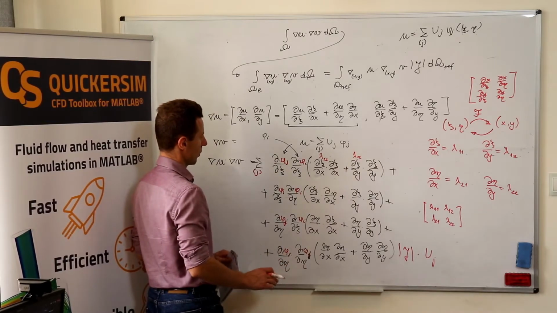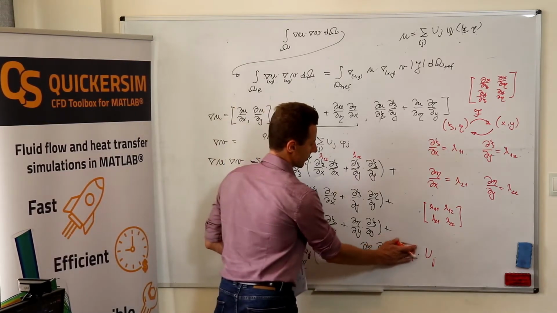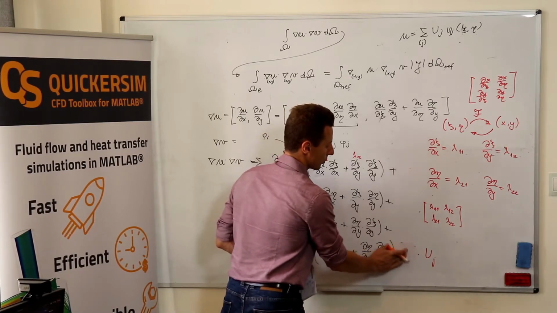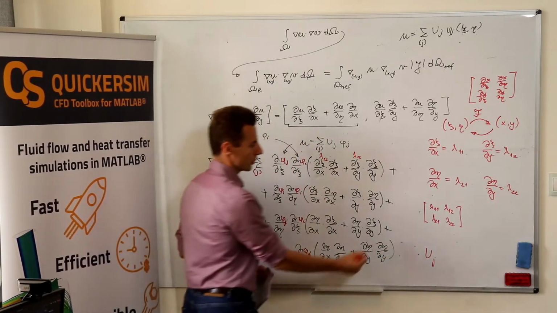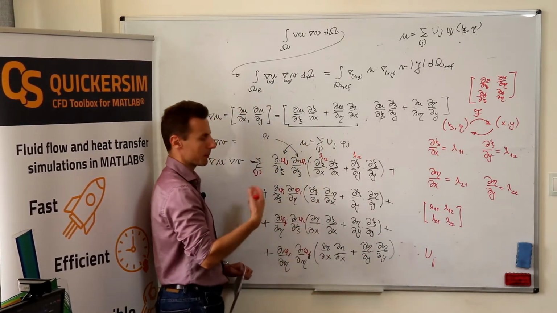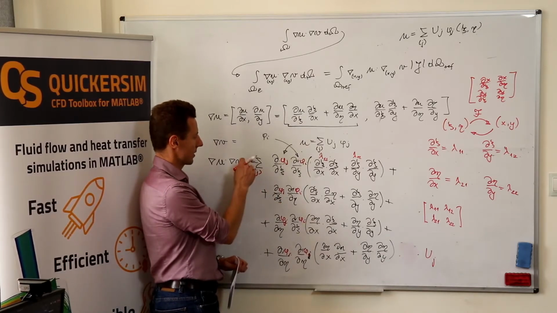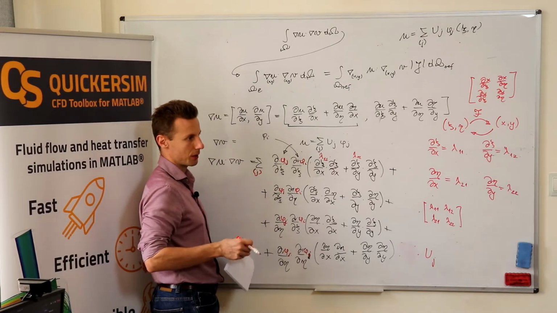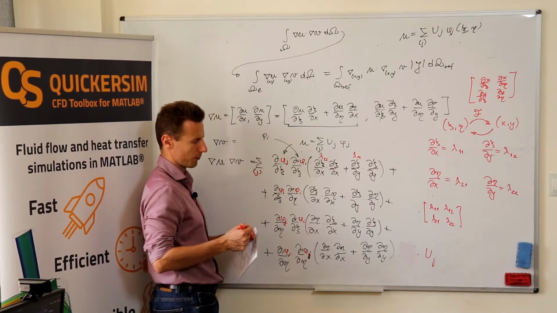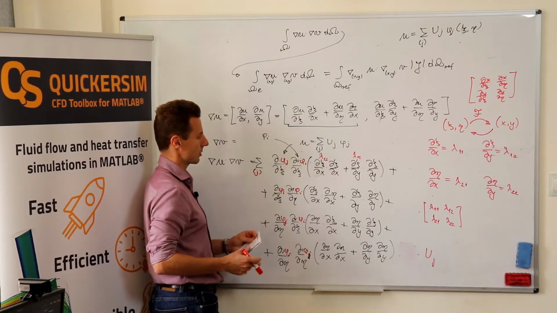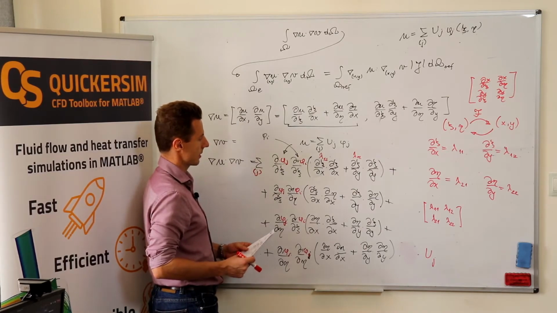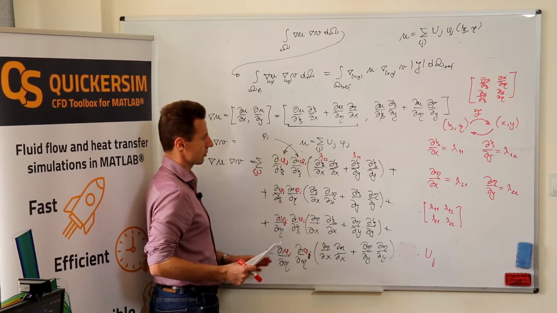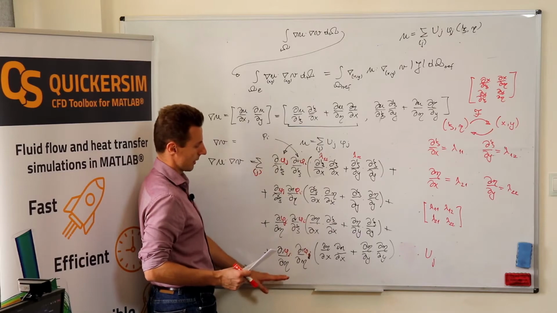If you want to do the Gaussian integration, you would add Jacobian times the weight, then you need to add one more sum coming from the Gaussian integration, but let's not introduce the Gaussian integration right now.